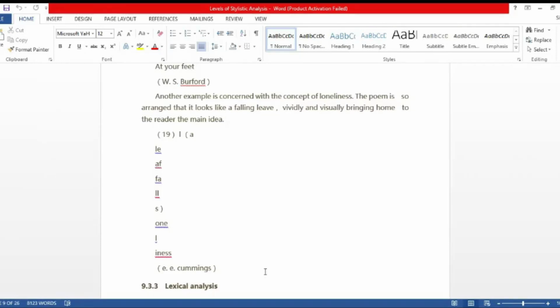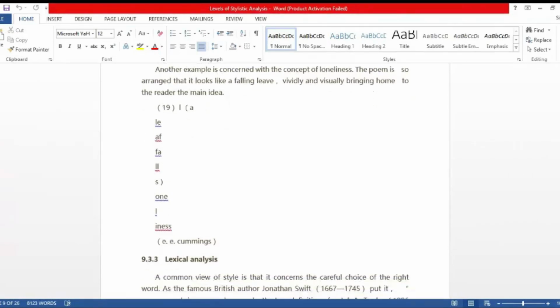And then loneliness, ये शो कर रहा है कि leaf is falling alone, the journey of life is lonely, you stand alone as I, and there is a leaf that falls down, and it gives the image of a person going through the journey of life alone, rising alone, beginning alone, falling alone, rising, standing alone, and falling alone.